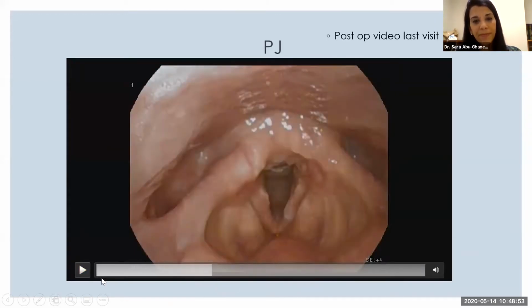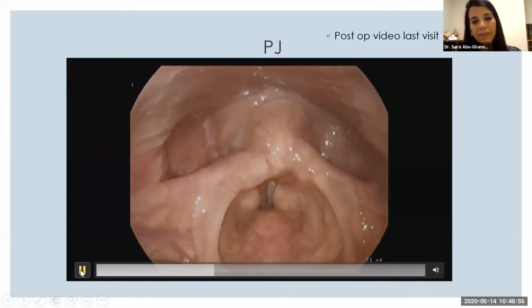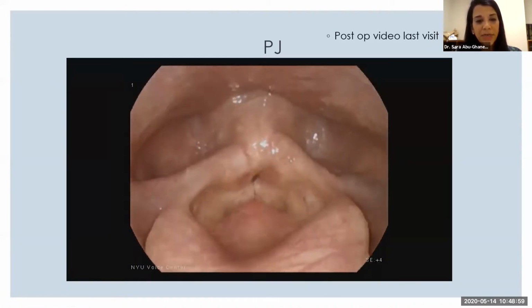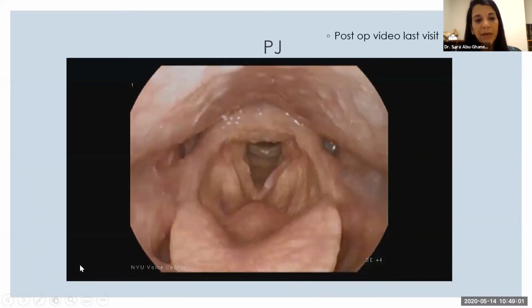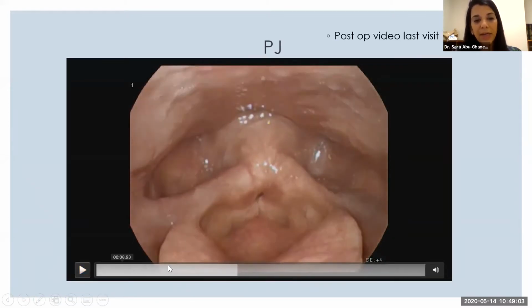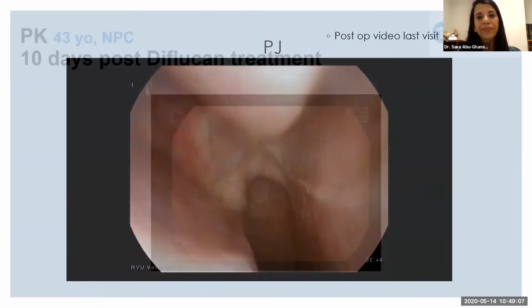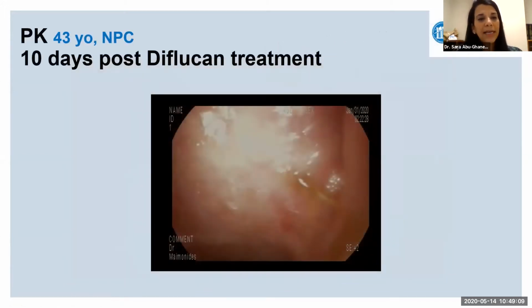As you can see, he has still residual leukoplakia there, or recurrent leukoplakia there. And we just need to follow this. And last is the patient with a nasopharyngeal carcinoma.